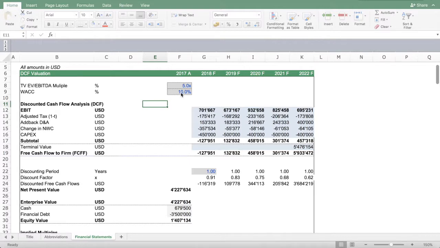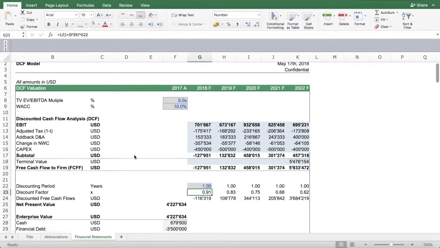This normally requires a separate in-depth analysis in order to come up with the value of this. As a shortcut, what you can do is look at similar companies, how much their WACCs are, and your WACC probably will not lie far away. So this is a shortcut for how to get this value.